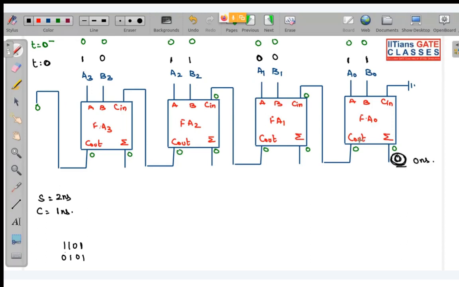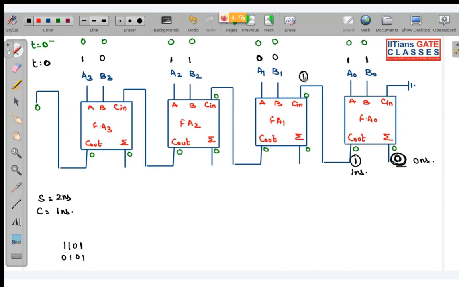But what about C out? So you can see when we add 0 0, carry out will be 0, but when we add 1 1, carry will be 1. So this one will be generated after 1 nanosecond, and this one is actually the input of this full adder 1. So full adder 1, you can see the inputs were initially 0 0, then at t equal to 0, a1 b1 is also 0, but cin is 1.